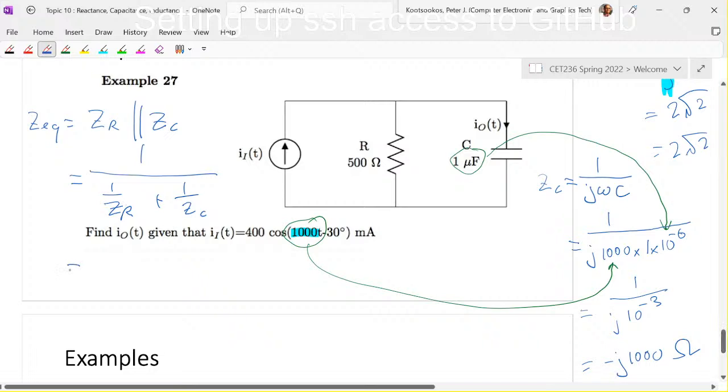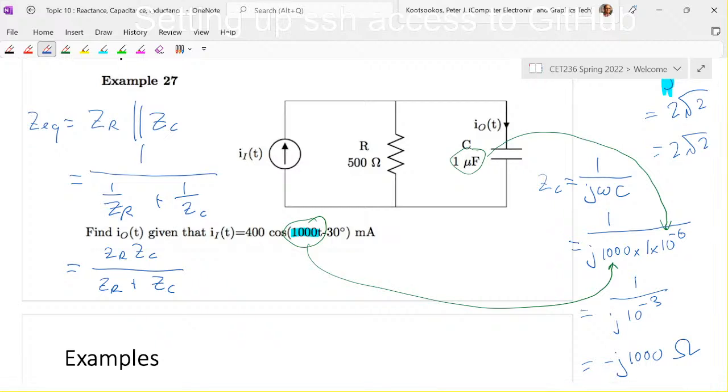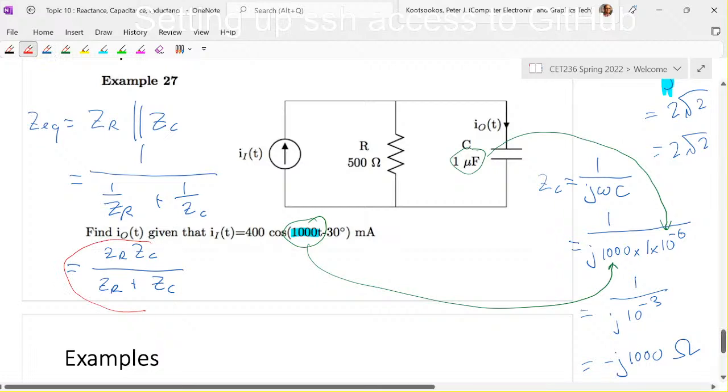The other way to write that is the product over the sum, but I tend to avoid that because it makes you think you can write down the equivalent impedance of 3 things in parallel in a similar form. You can, but it's really complicated, and it blows up if you've got 4 things or 5 things. It's okay if they're just 2, but I tend to just use that one.